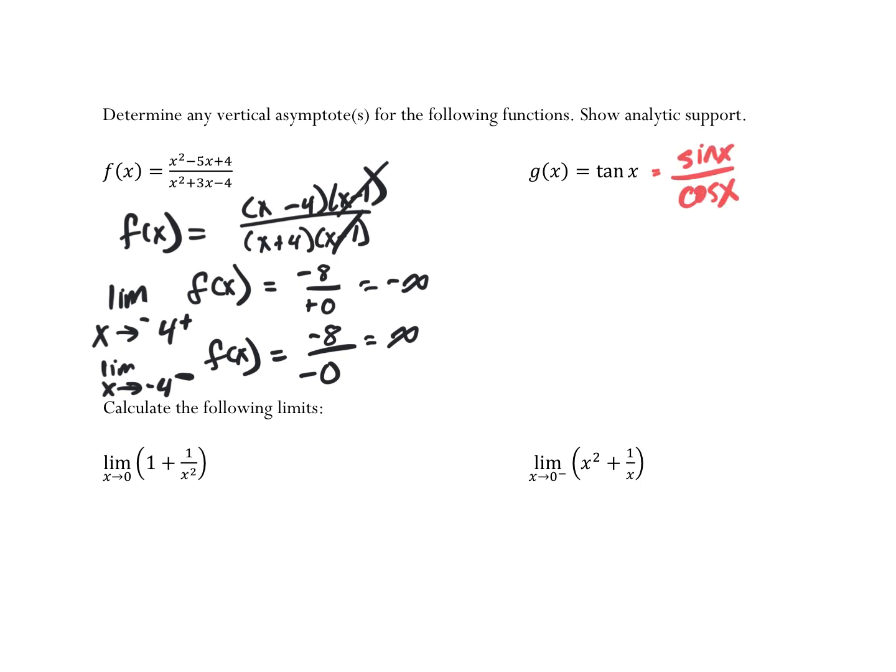So where will this be undefined? Vertical asymptotes are where cosine x equals 0.